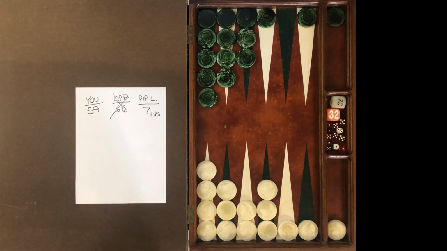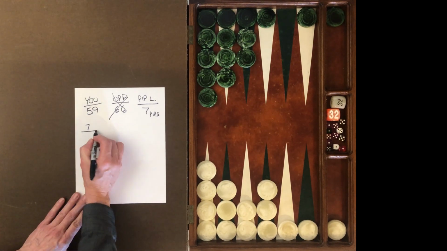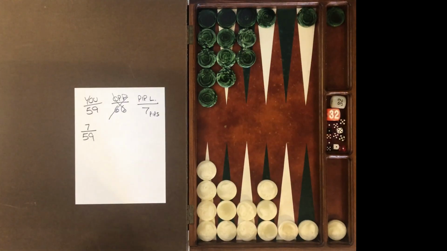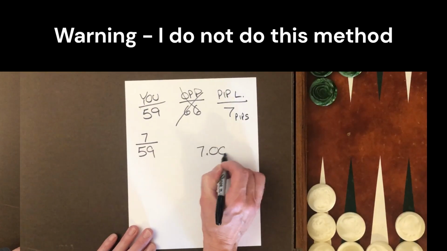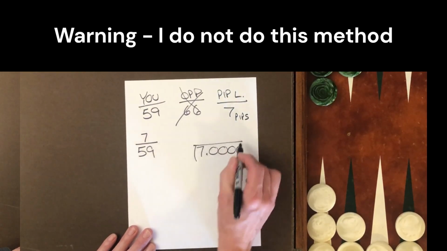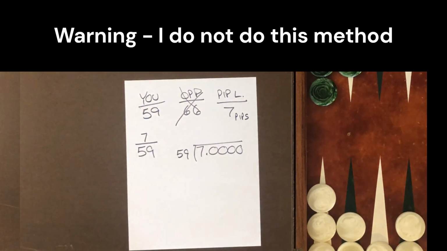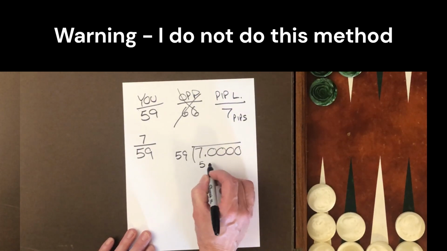So this is a traditional way of doing it. Our pip lead divided by our pip count. Our lead, our count. So let's do this. 7, and we divide it by 59. Easy, right? So 59 into 70, we can do that once.